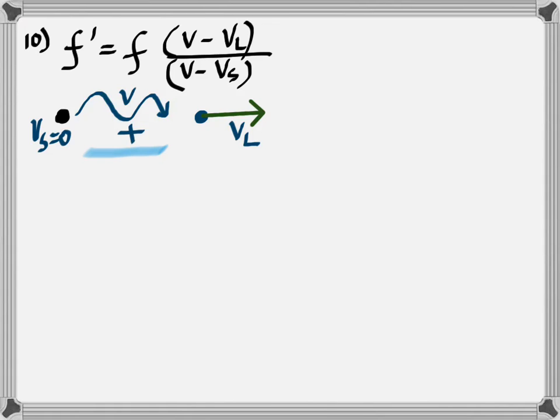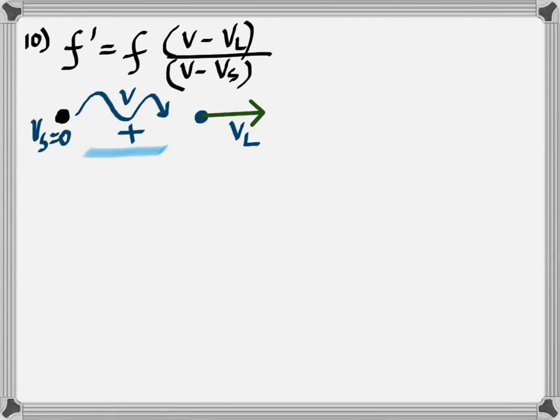Source. Which problem am I doing? Is it number 10? I don't know what I did. A bat at rest. What's the bat doing? Nothing. That's why I had to take a fresh look at it. The bat as the source is not moving, correct? The bat at rest sends out ultrasonic sound waves at 50 kilohertz. It receives them returned from an object.